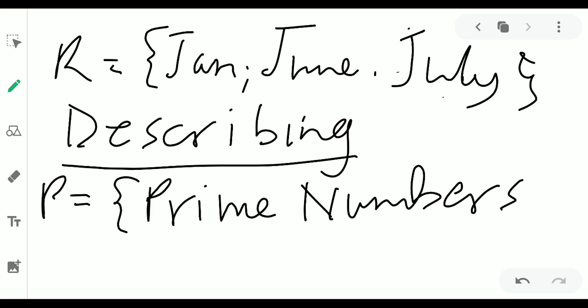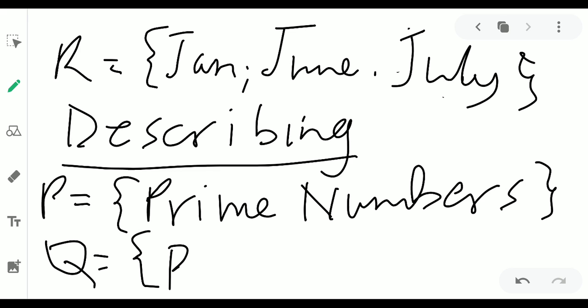I'm describing it, not listing it. Then the next one, set Q: I'm going to describe what I listed, and that is positive integers.